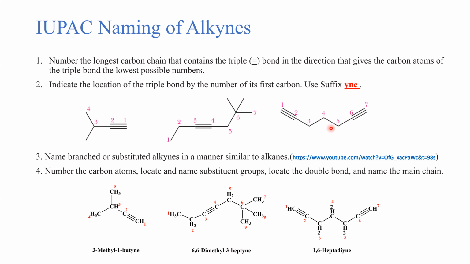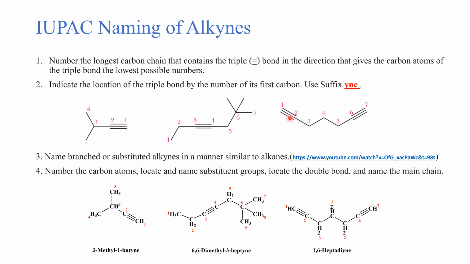Now the third example is this one, and for this we know this is a 7 carbon chain, the longest chain, so we will write hept and yne for the suffix, but there is the tricky thing, that is basically the 2 triple bonds. For mentioning that there are 2 triple bonds, we will write di.